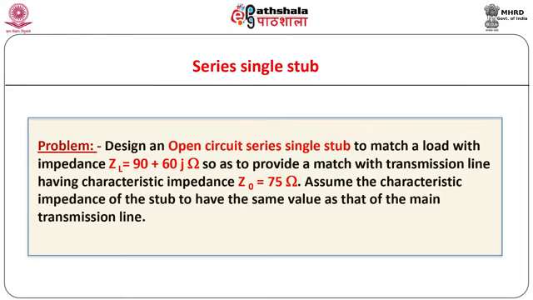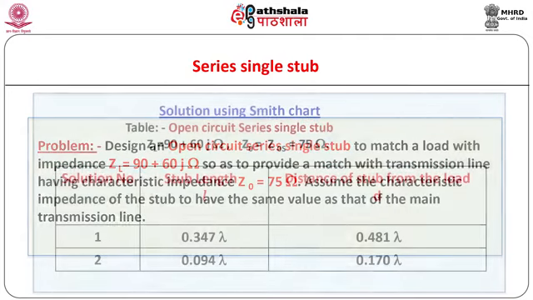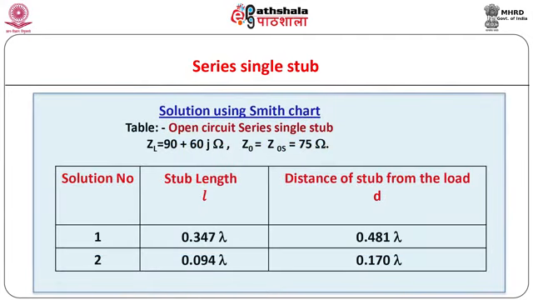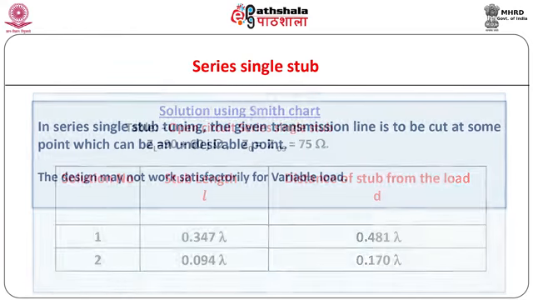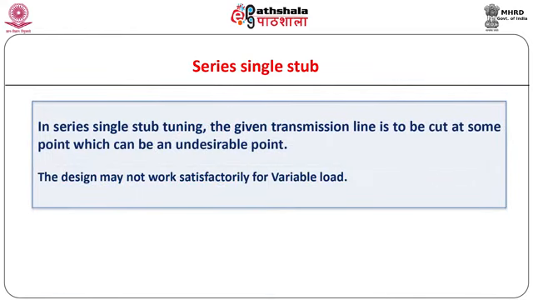Slide number 30. Using Smith chart, we obtain the two solutions for open circuit series stub under consideration as shown in the following table. Designers and fabricators take care about slight refinement, if necessary, of the values obtained from Smith chart.